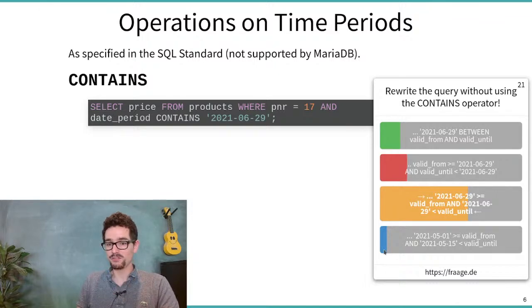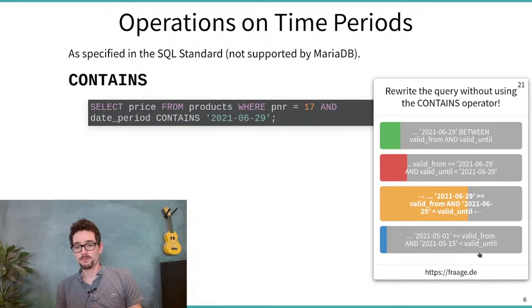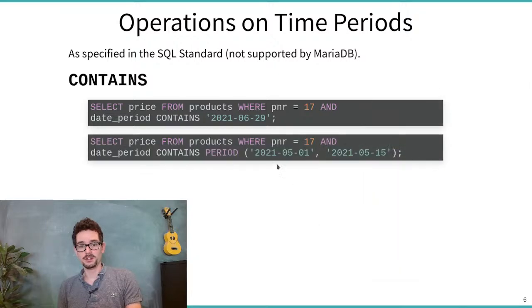Some people gave the blue answer, and this blue answer doesn't make any sense because here I don't use the 29th of June, right? And this is an overlaps expression. So I show it to you here. Contains, no, not an overlaps, and contains with a period. So does the date period contain this period?